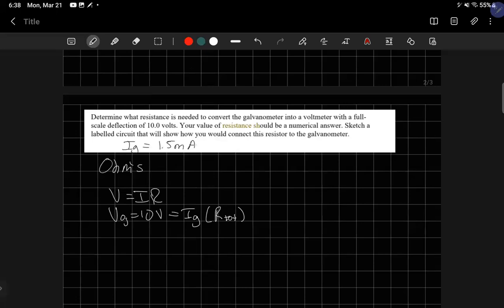I would expect him to give you a value like this, but if not, I just kind of used an arbitrary value. Or he used this in his example. I actually started with I equals 1 milliamp. But my answer is still pretty close to his. So in his example, he used 1.5 milliamps.